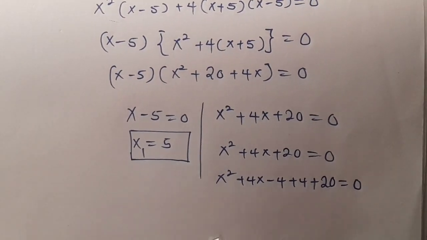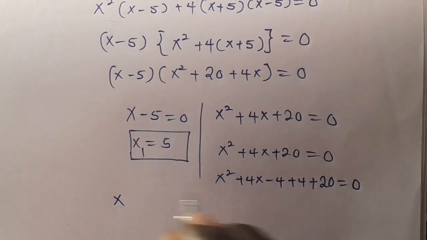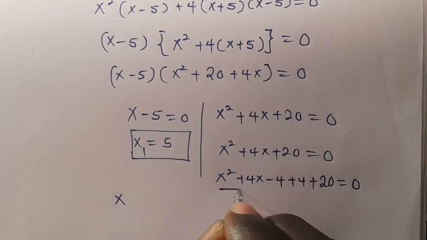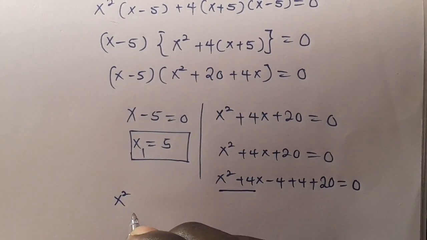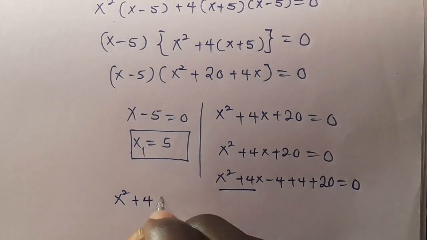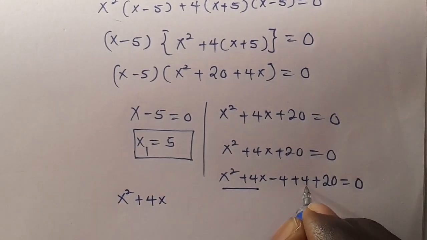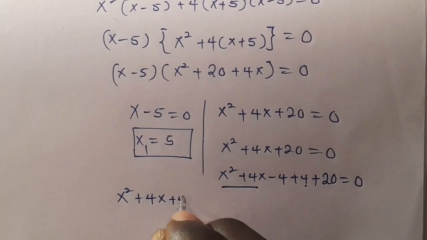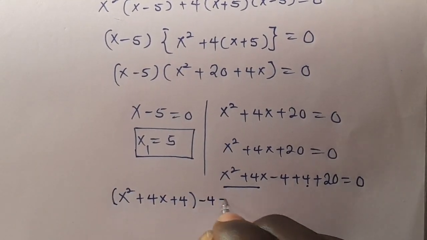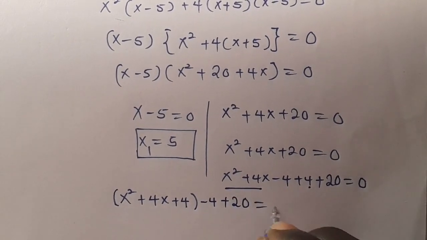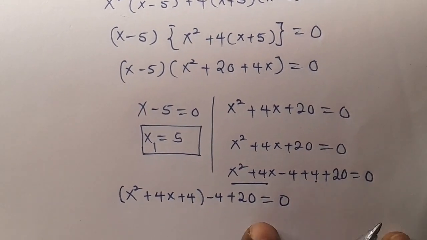So now from here, by taking this like this, x squared plus 4x, then let's take together with this plus 4, then we are going to have minus 4 plus 20 equal to 0.